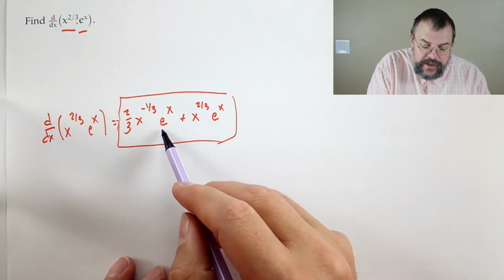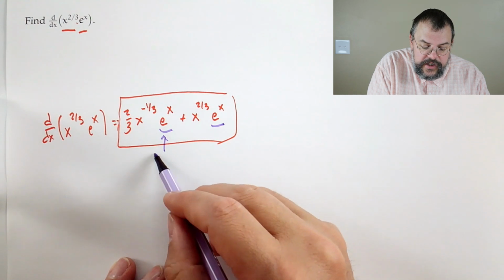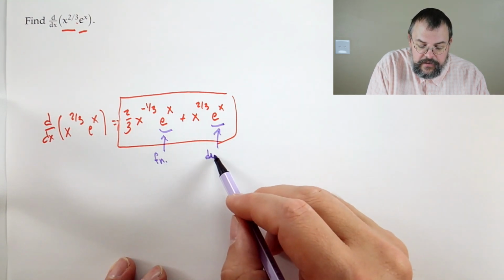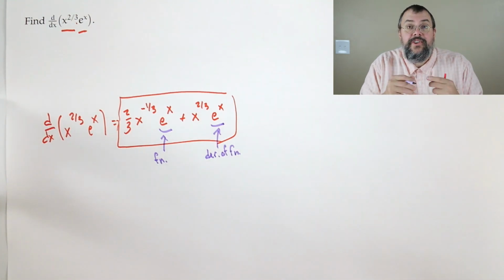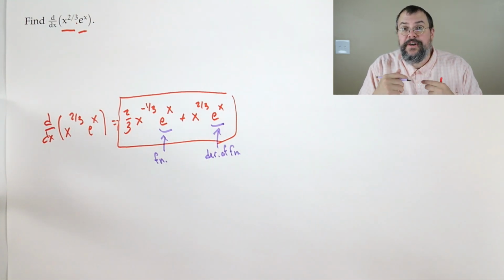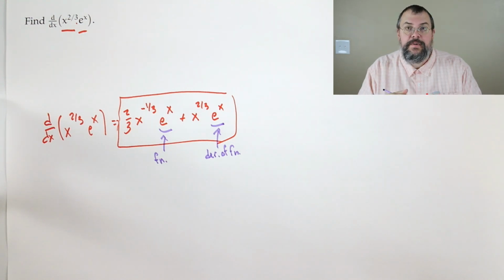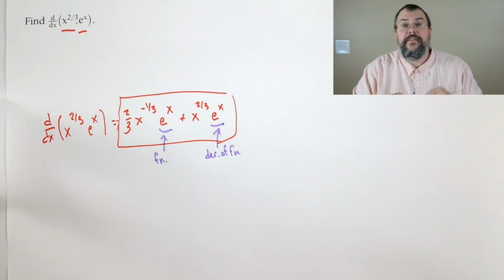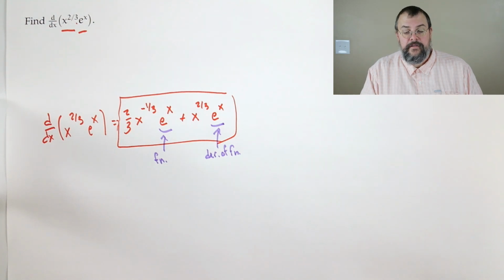They're like, oh, wait, you just wrote e to the x twice, but really, this was the function e to the x, and here, this was the derivative of the function. So we did take derivatives. So you want to make sure you're keeping in mind, yeah, there were derivatives happening when there's e to the x. You don't want to just be casual about it. You want to be like, this was where I took a derivative, this was where I didn't take a derivative, and keep track of these things.